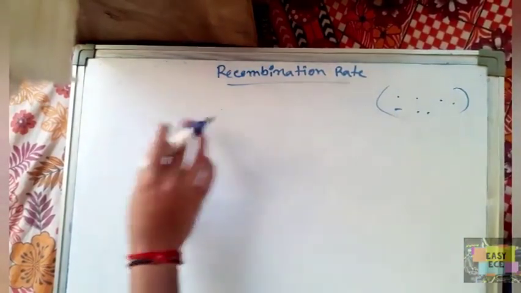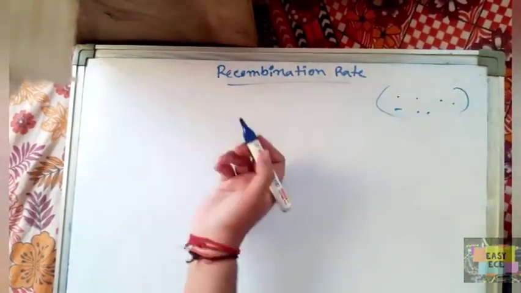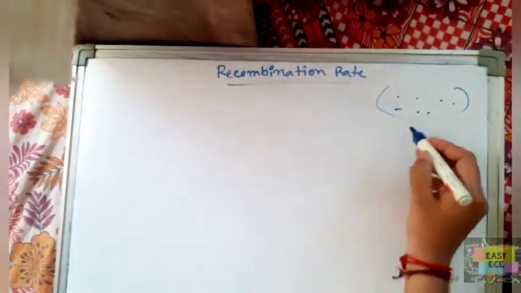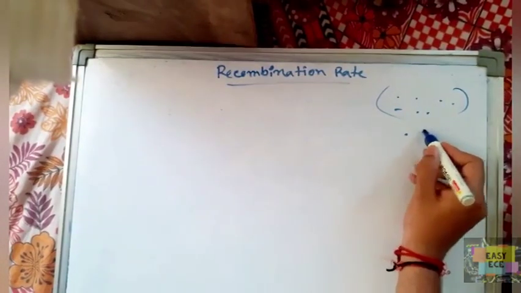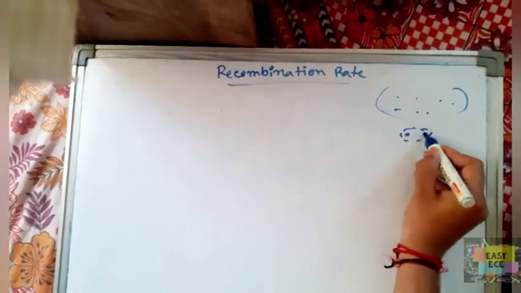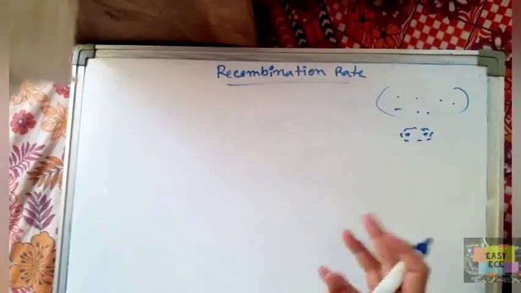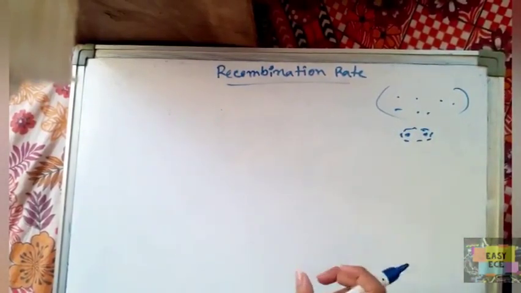During the recombination, the free electrons and holes will disappear and a covalent bond is created.